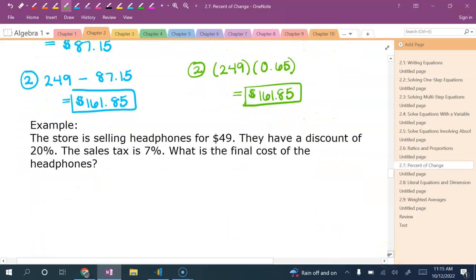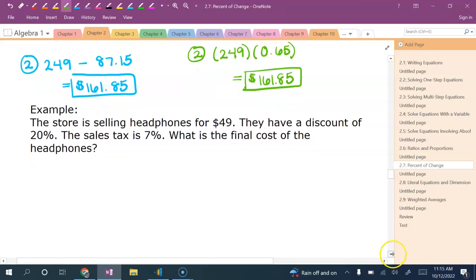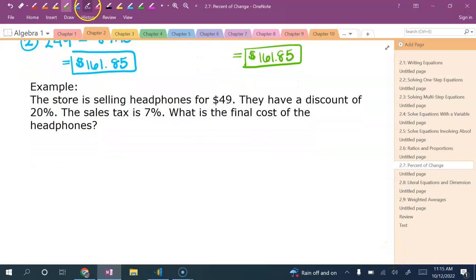This next example wants you to combine the two things that you've learned. So we've got a store that's selling headphones for $49. It's on sale of 20%, and the sales tax is 7%, and they want you to find the total cost. I would start by finding your discount first, again, using whatever method you would like. I usually prefer using the second method just because I think it is faster.